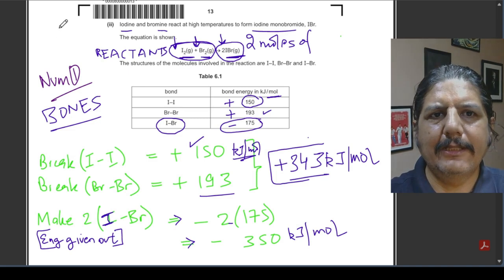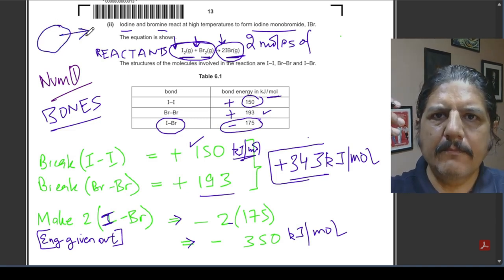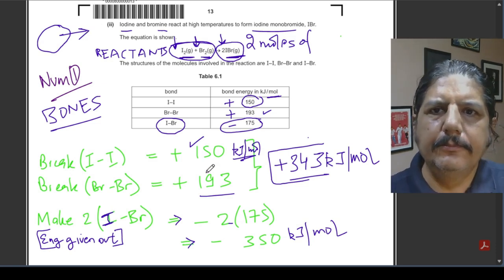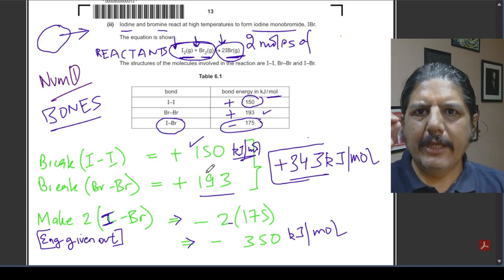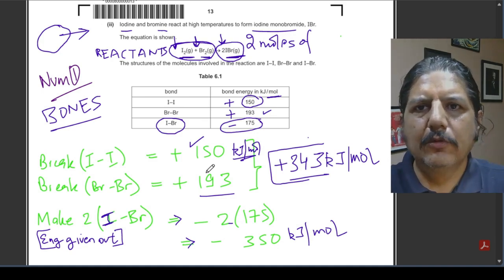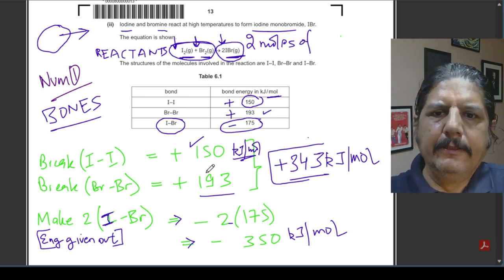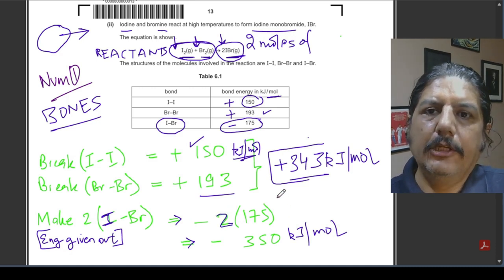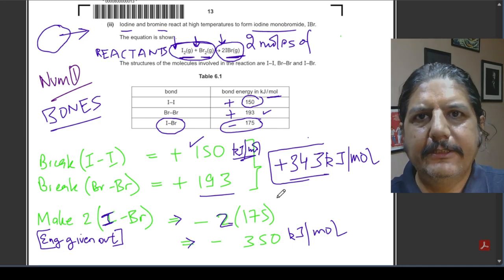You can imagine it like this. For example, this is the system. From this, energy is released, so the energy comes down. So when 2 iodine monobromide moles are made, 2 into 175 kilojoule per mole of energy is being released.